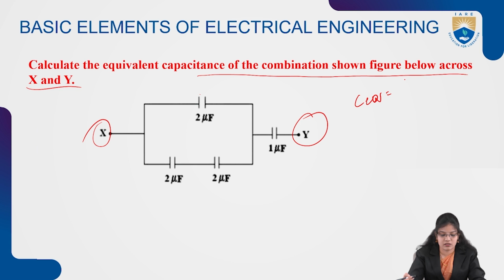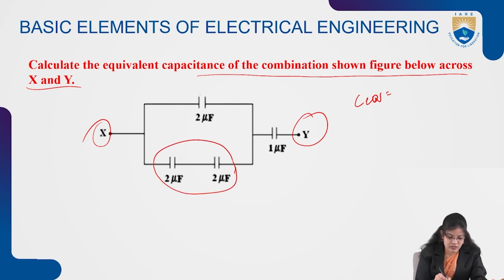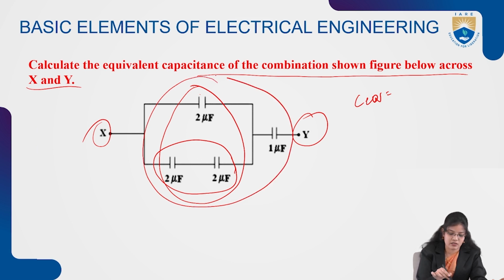So first, when there is a combination of series and parallel, first we have to see how many combinations are there in this circuit. So here first two capacitors are connected in series, and these two capacitors will be in parallel with this, and after reducing this circuit, this will be in series with this capacitance.